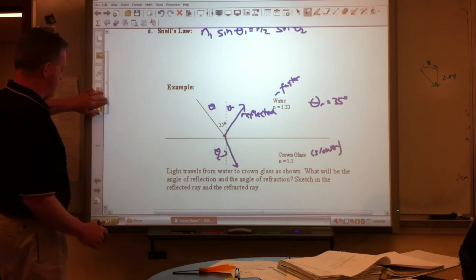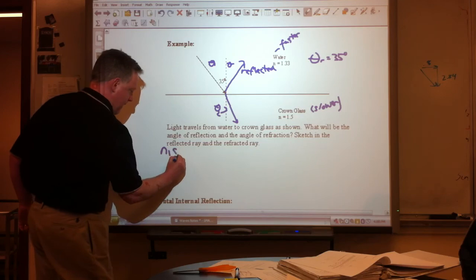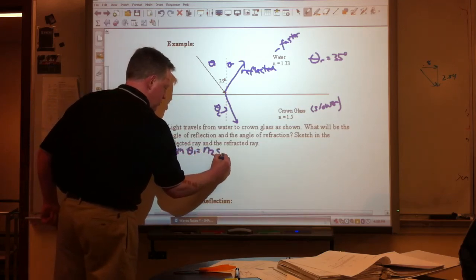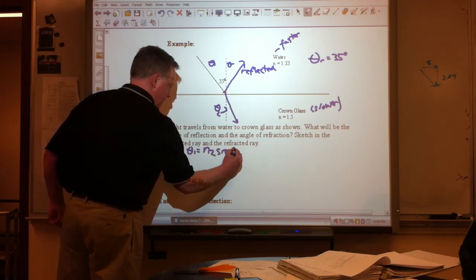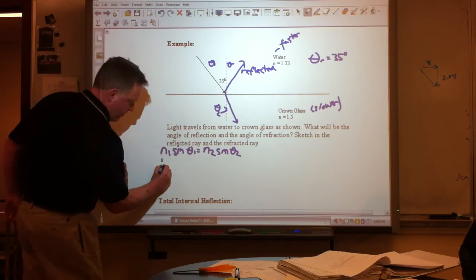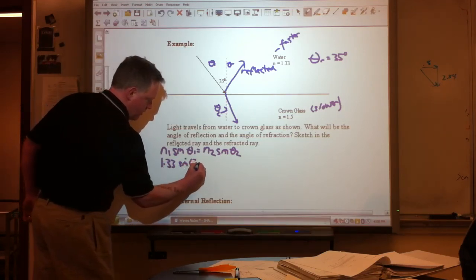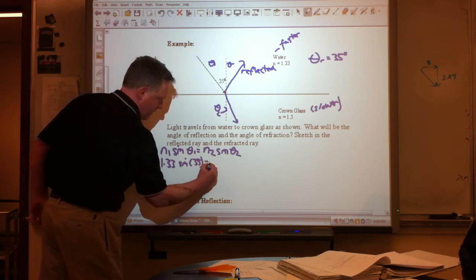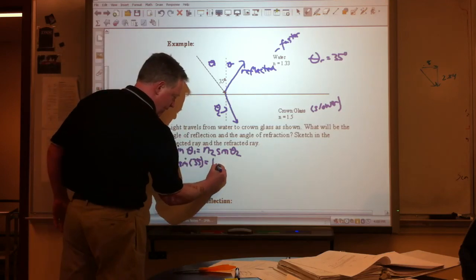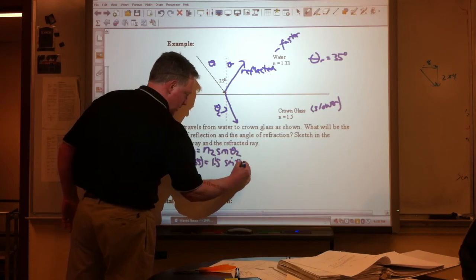So we're going to use that equation to solve for it. n1 sine theta 1 equals n2 sine theta 2. n1 is the n for the water, 1.33. Sine theta 1 is 35. n2 is the n for the second material, so it's 1.5 times the sine of theta 2.